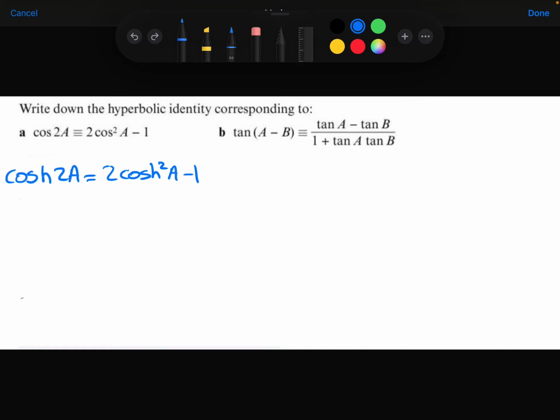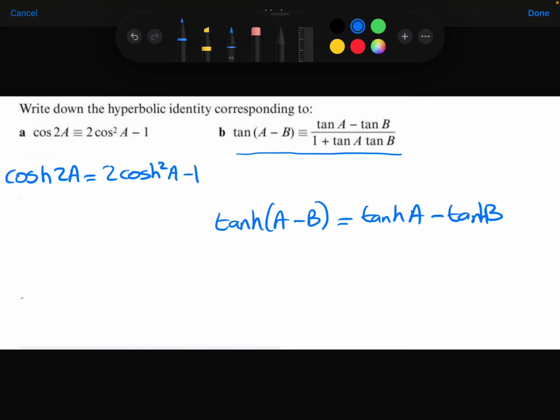Next, the tan(A minus B). From our work on trigonometry, we know that's the same thing as tan A minus tan B over 1 plus tan A tan B. I'm going to write down the hyperbolic identity that matches up with that. So tanh(A minus B) is equal to tanh A minus tanh B. That's all the same. Again, there's nothing being multiplied together yet.